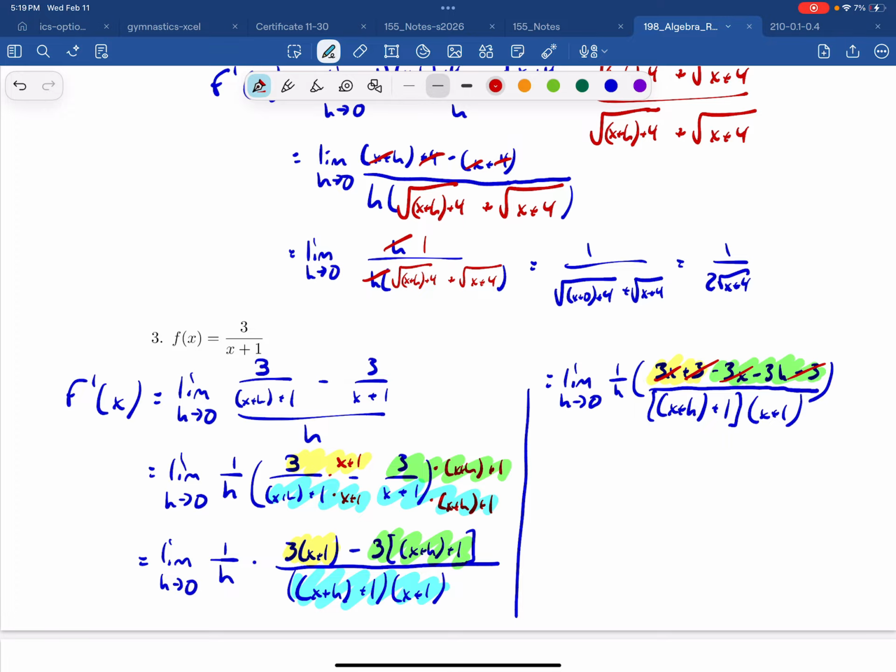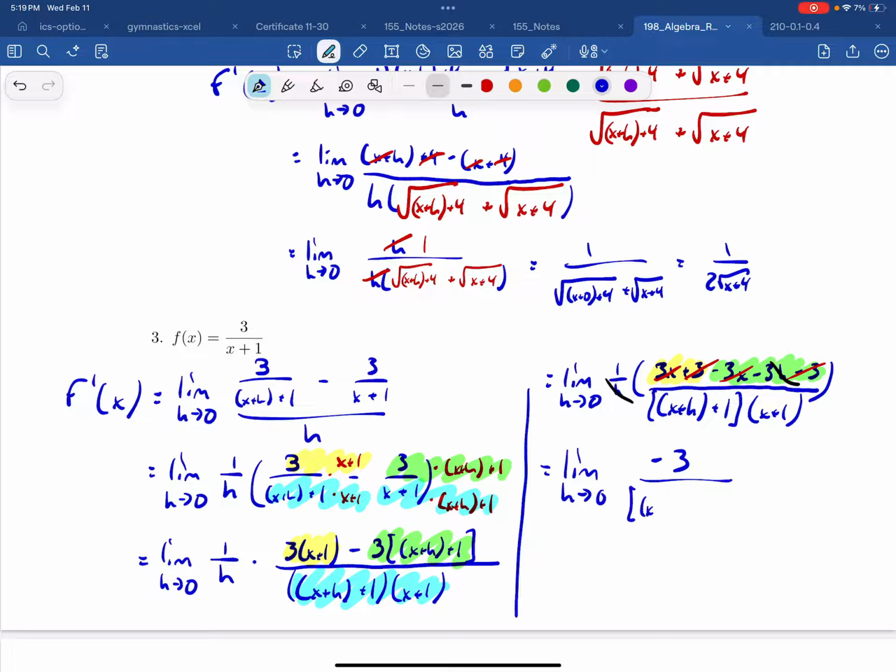And then let the cancellation begin. Remember, all the non-h terms should cancel on the top, and we're left with a negative 3h. You see that? We can cancel out that h and that h. Do you see that? And then we're left with the limit as h approaches 0 of negative 3. Don't forget that negative sign.